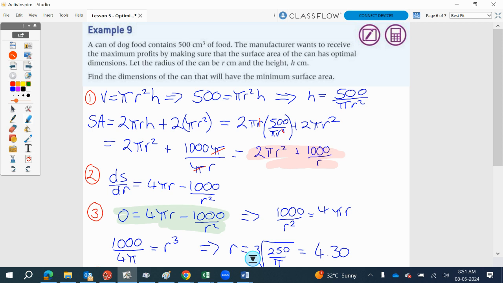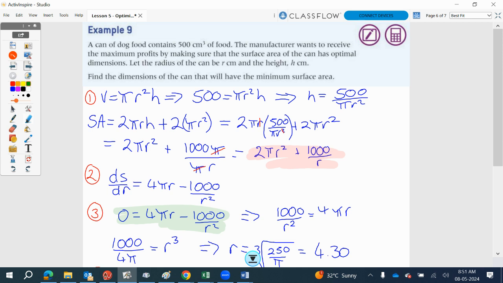I tell you to reread the question at this point because the question could be saying, what is the minimum surface area? Notice the question's not asking that, but it could have been. So at this point, we have to put r back into this function for height here, but we could be having to put it back into this function for surface area, depending on what the question was asking. And usually with these longer questions, you forget what it was that you set out to do.